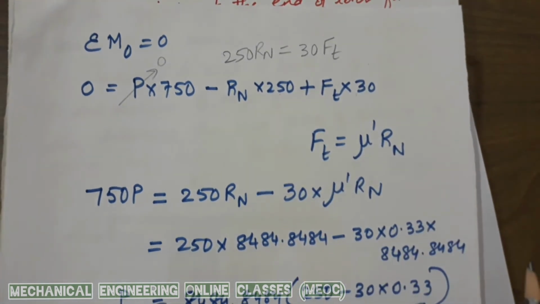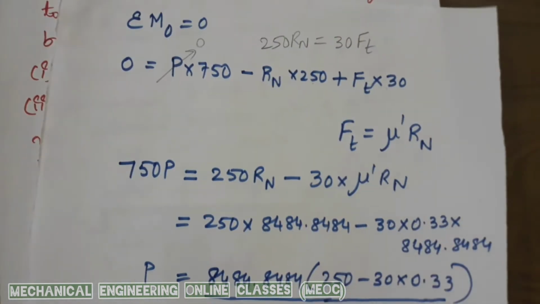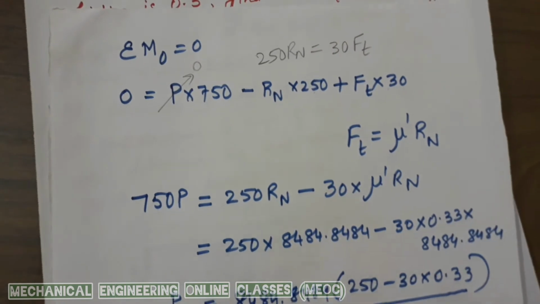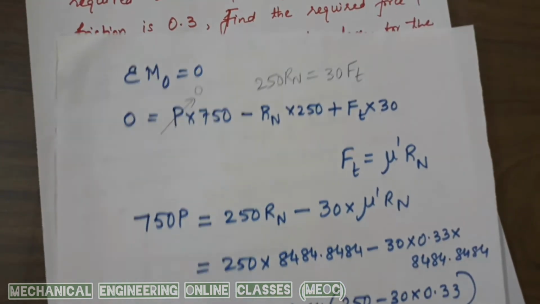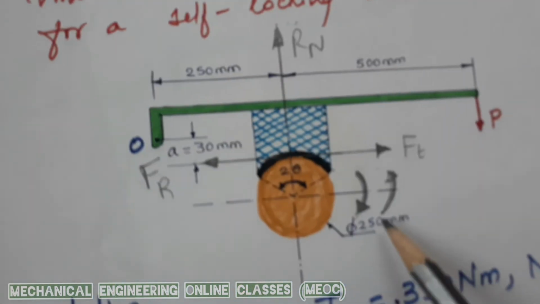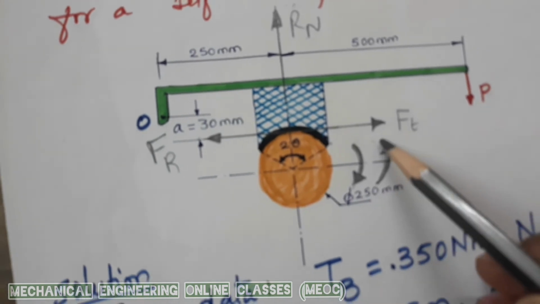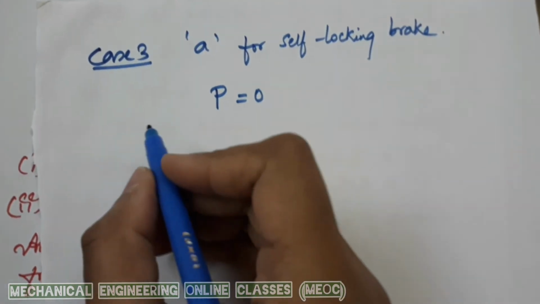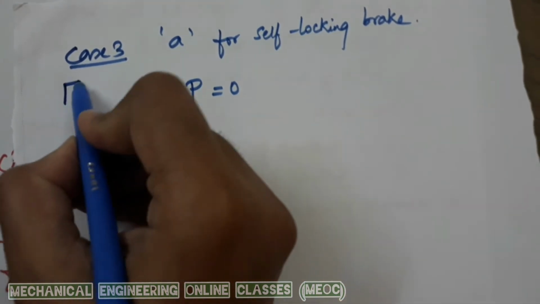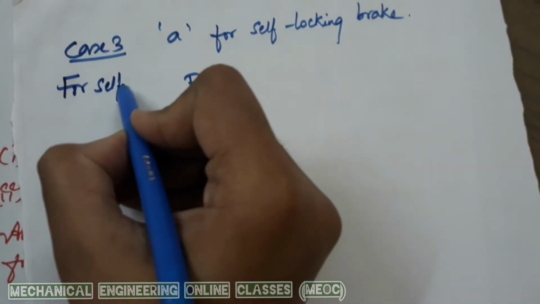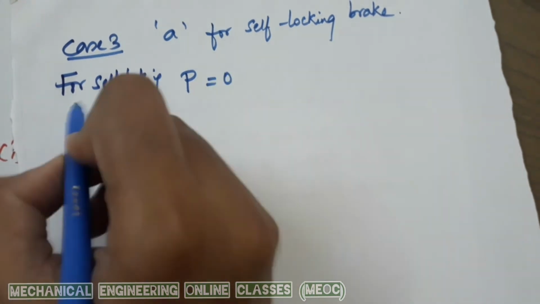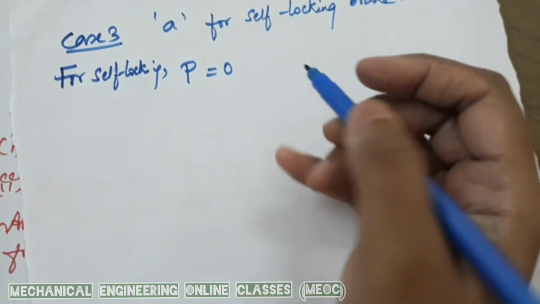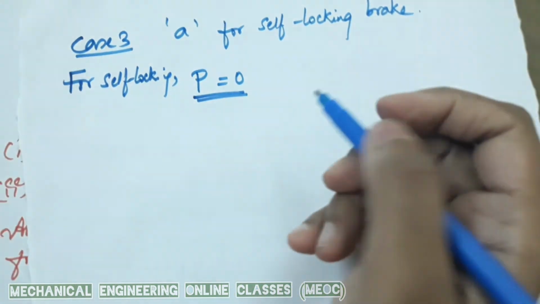So self-locking condition can be applicable only when our current problem is dealt considering that the brake is rotating in anti-clockwise direction. So therefore, for a self-locking brake, P is 0, and this case is possible.